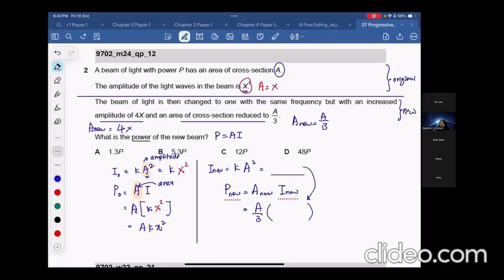And then, using what I taught you just now, power of new beam divided by power of original. So you're using the ratio, solve the problem, and tell me what is your new power. Same idea as just now, but I need to continue the steps, like give the hints. So you find original, then you have to find new one. Okay, try it.